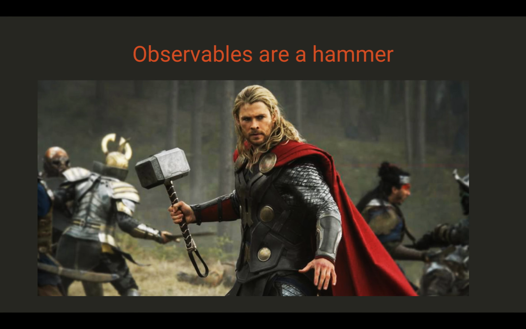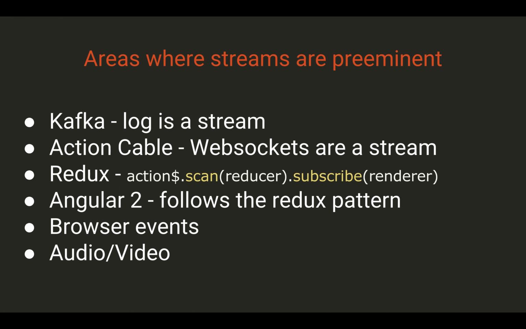So overall, observables are like a very, very powerful hammer. And like all hammers, people want to use them in areas where they don't need to be used. So where are some really good examples of areas where streams are preeminent? Well, for example, Kafka.